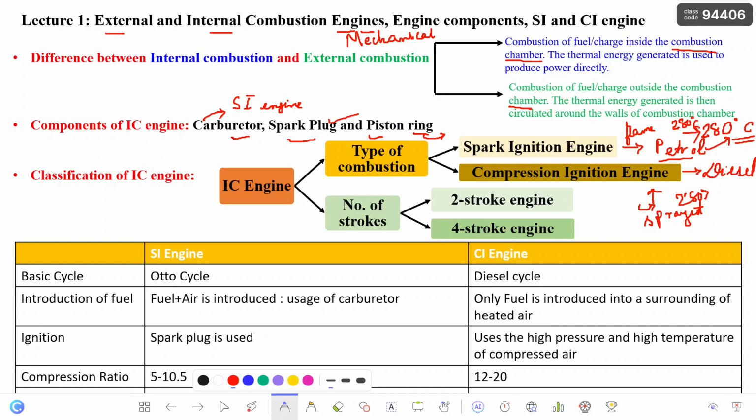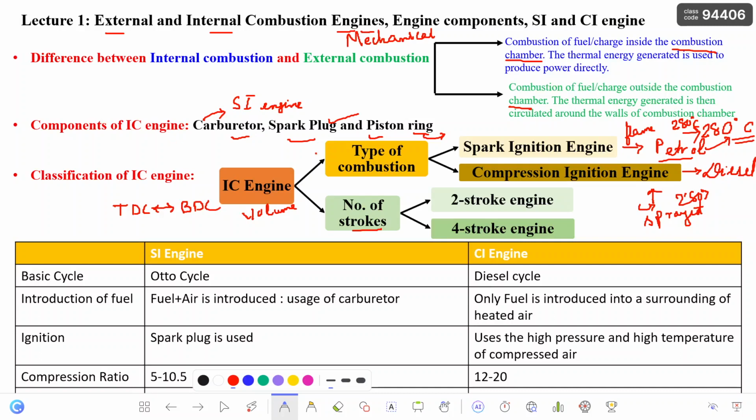Now comes the classification based on the number of strokes. So what is a stroke? A stroke is the length that the piston covers from the top dead center to the bottom dead center, or the opposite.